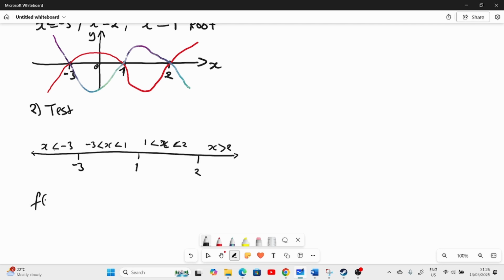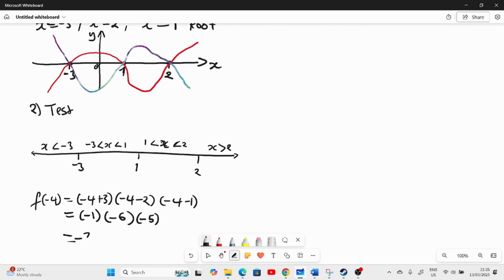So you put -4 in: -4 + 3, -4 - 2, then -4 - 1. Evaluating this, you get -1, -6, then -5. So this is going to give you -30.